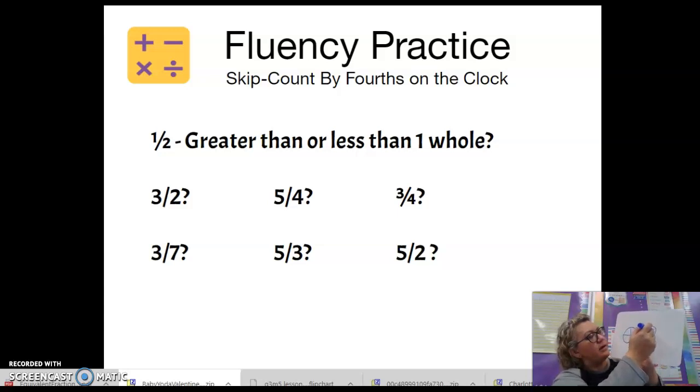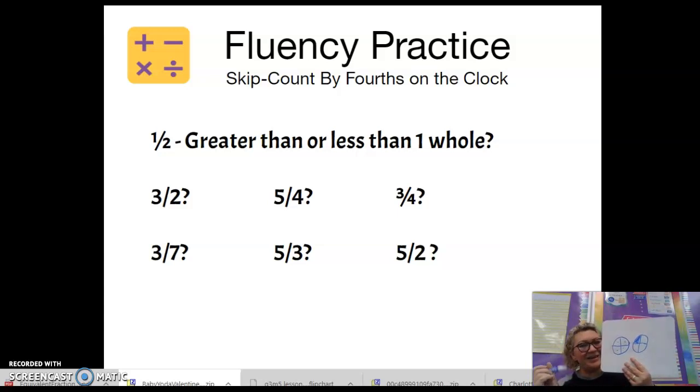So if we had all of these pieces, so 1, 2, 3, 4, 5, we know that it only takes 4/4 to make a whole, because we have the whole right here, and we have 5/4 in this case. So is 5/4 greater than 1 whole? Yes, it is.